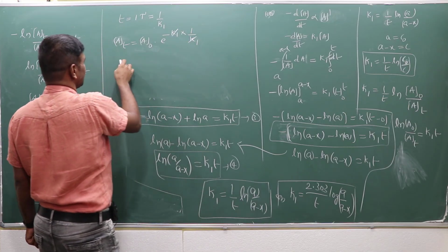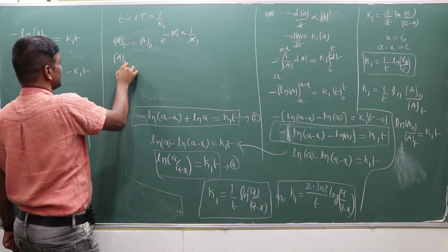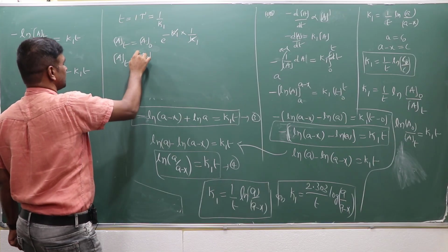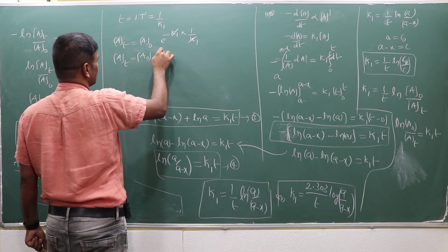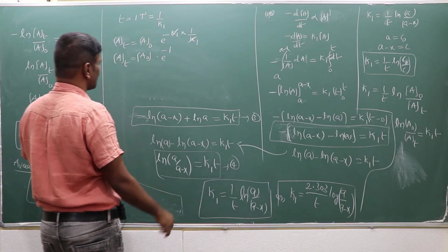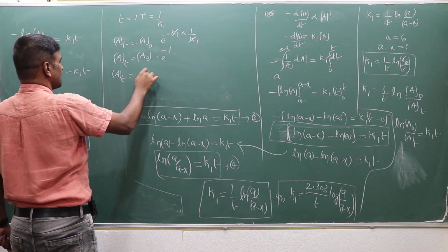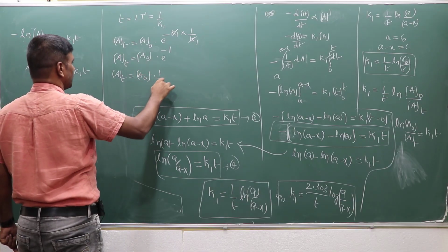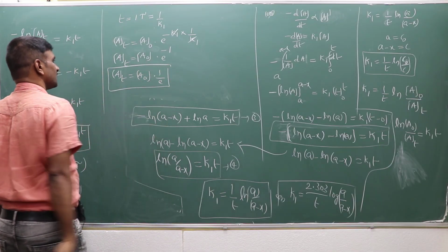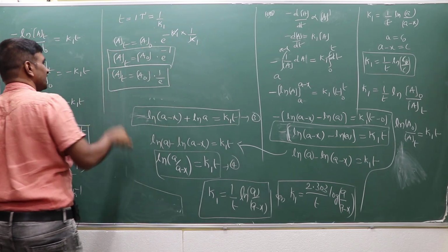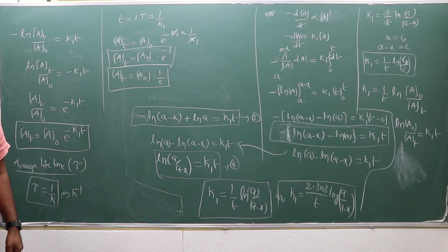So if cancellation takes place, what will happen? At is equal to A0 into e to the power of minus 1. So based on that, At is equal to A0 into 1 by e, or e inverse, right?